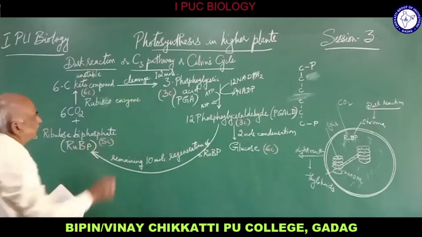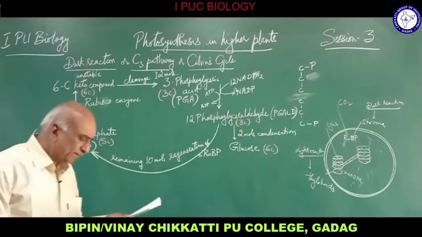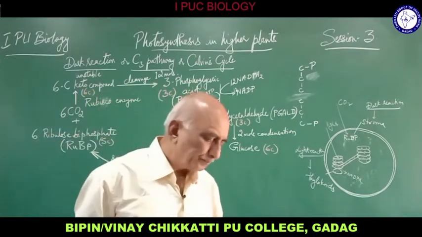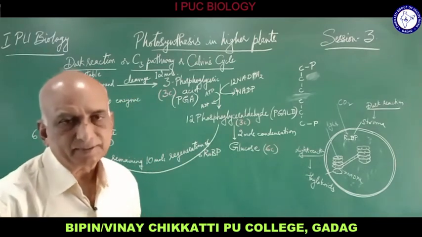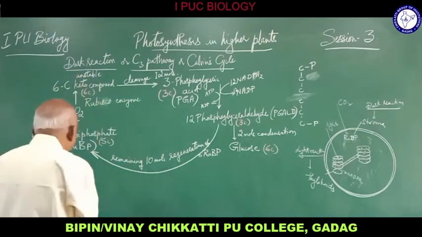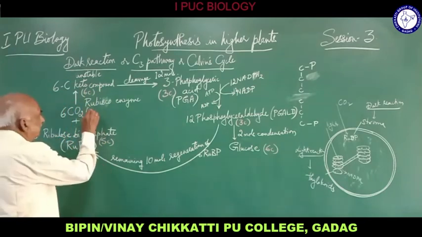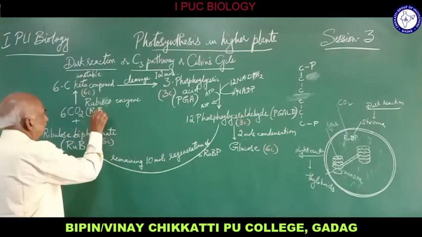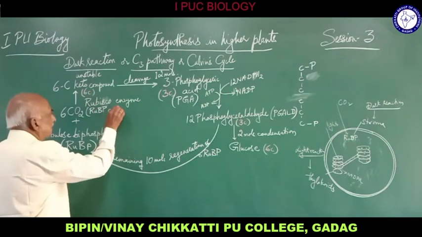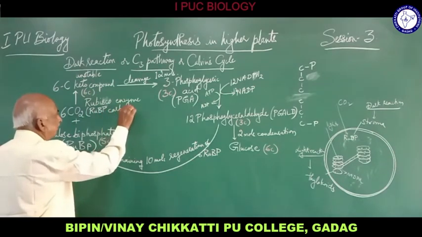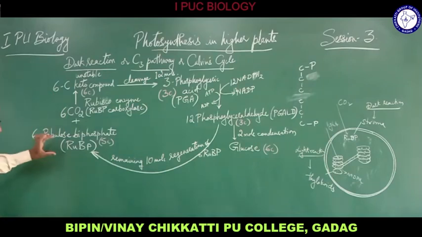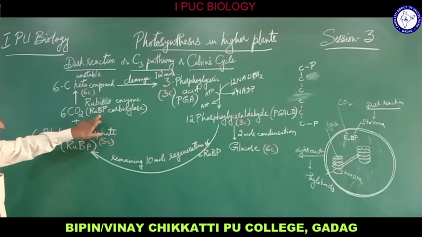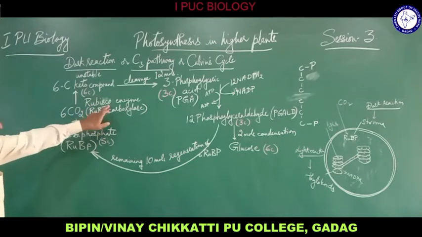This is the name of the enzyme. Rubisco means RuBP carboxylase, actually. So RuBP and CO2 combine in the presence of this enzyme, which is commonly called Rubisco enzyme.